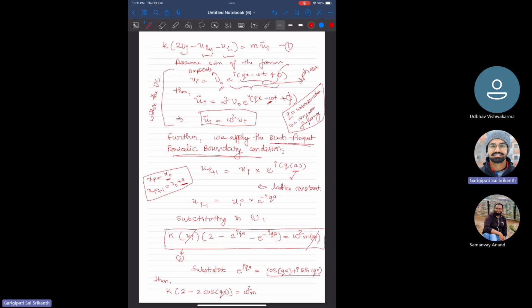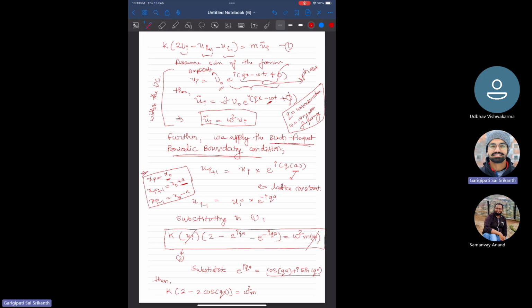So that's how you describe the position of the adjacent unit cell. And similarly, x of i minus 1 is equal to x naught minus a. Right, so this is important.